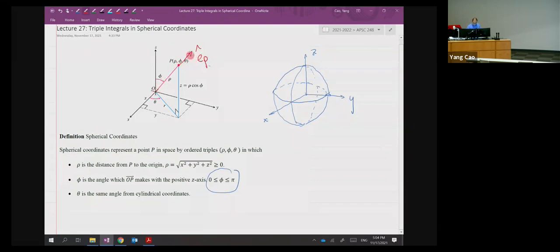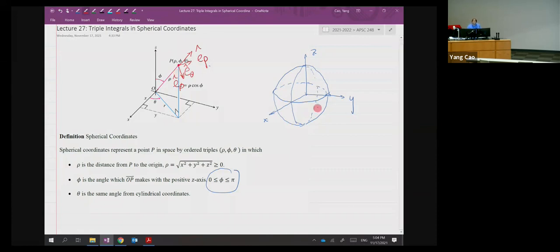Then you have another unit vector pointing in the theta direction, E theta. And another unit vector pointing in the direction of rotation of the phi angle, E phi. Those three unit vectors together give you a coordinate system, which represents the spherical coordinate system.